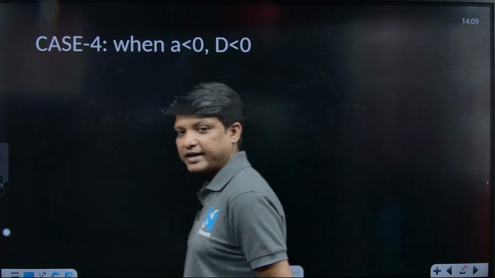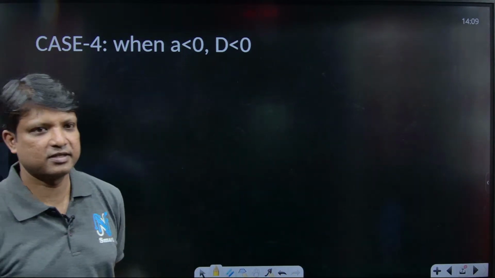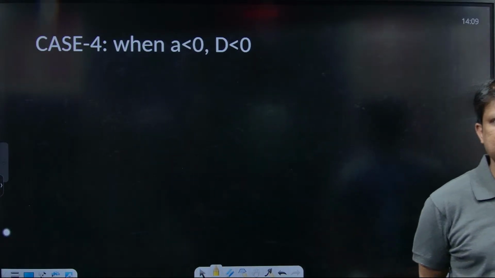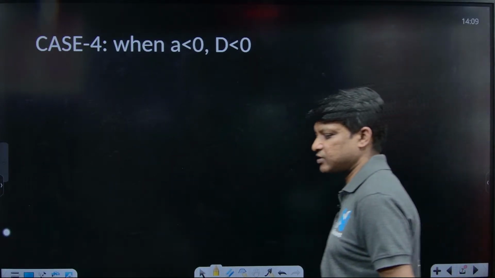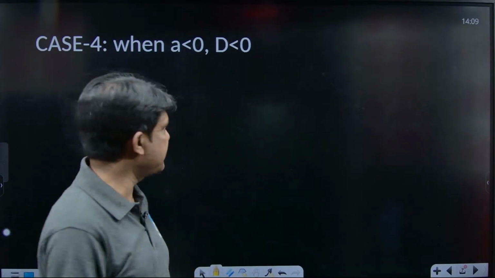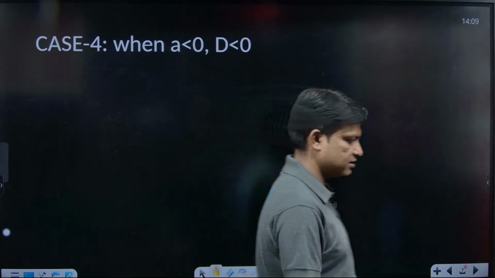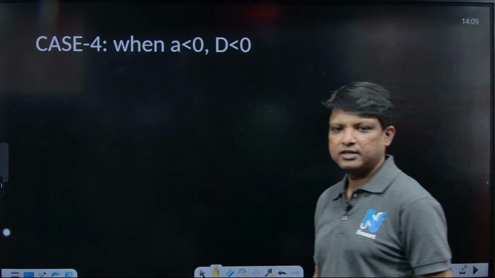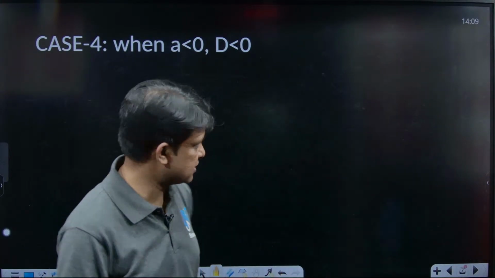Next condition, another three cases, when a is negative. When a is negative, that means we have to analyze a downward parabola. When a is negative, again three cases: D negative, D zero, D strictly positive. So total three cases. Alright.